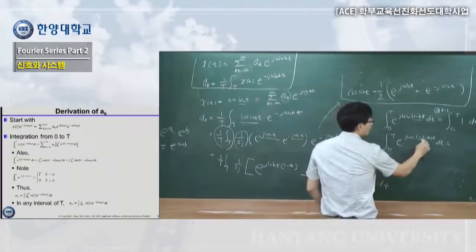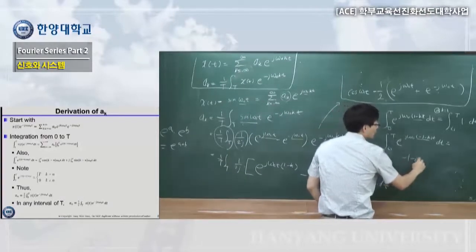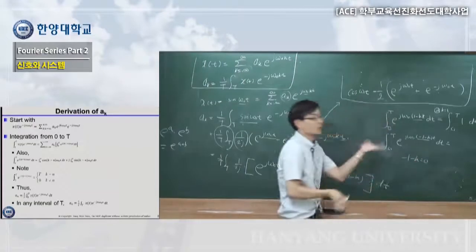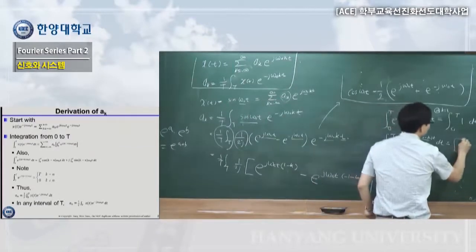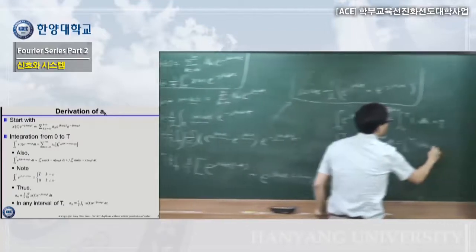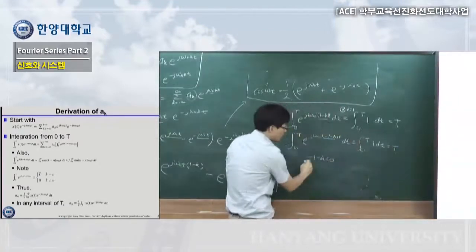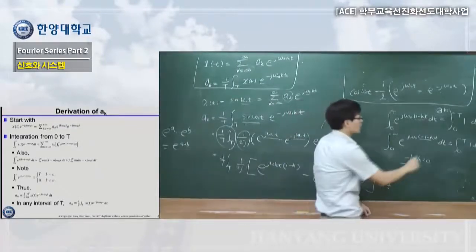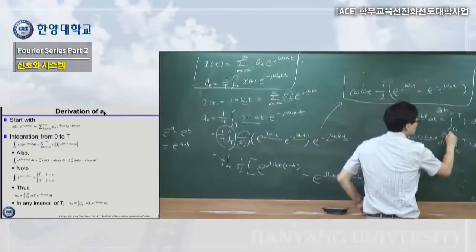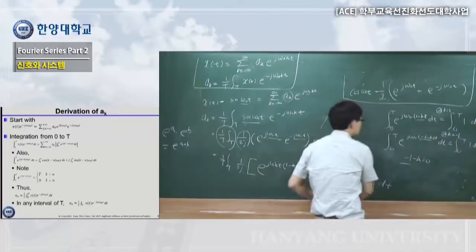What is it? When this one becomes 0, then this is not 0. Integrating 1 dt from 0 to T becomes T. When k equals minus 1. Only in the case k equals minus 1, then this is true.